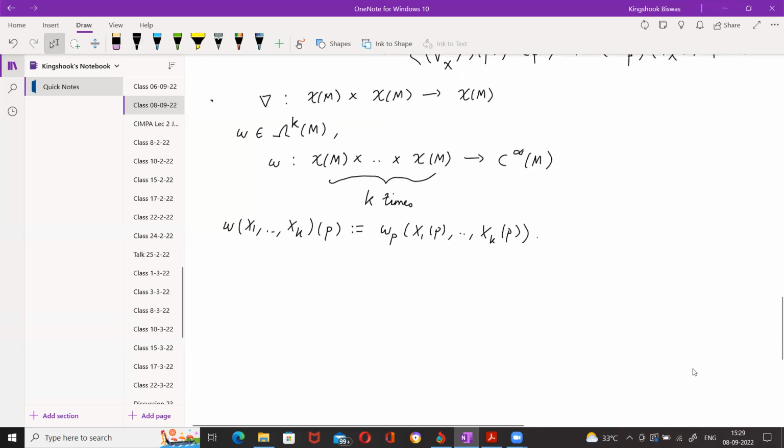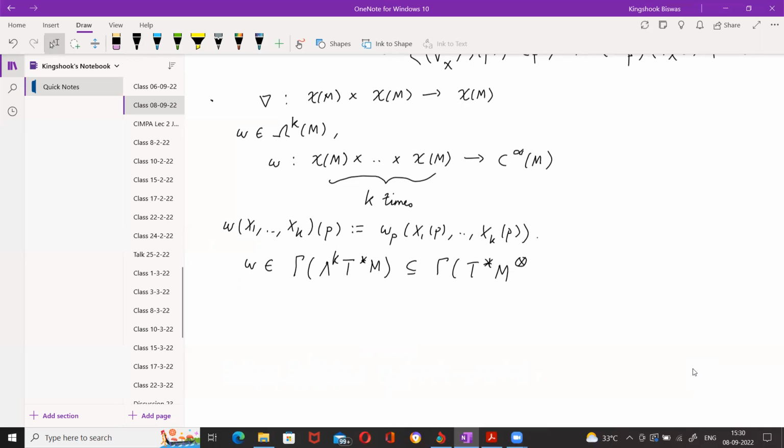Yes. Okay. Now, similarly, omega is a section of the kth wedge of the cotangent bundle, and this is a subspace of the sections of the kth tensor power of the cotangent bundle, right?